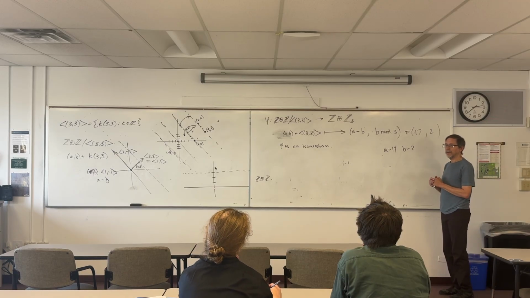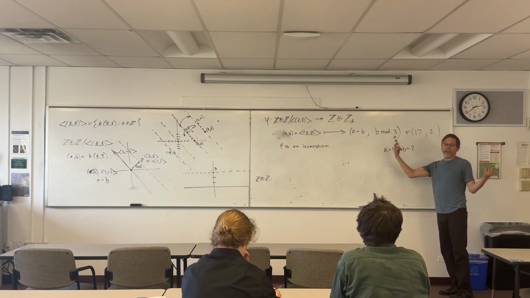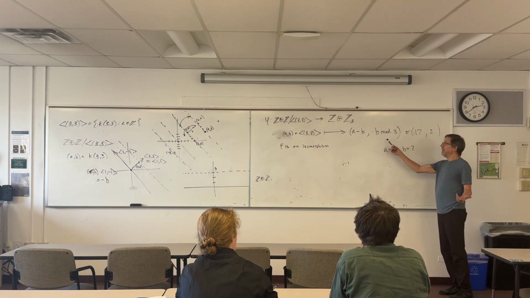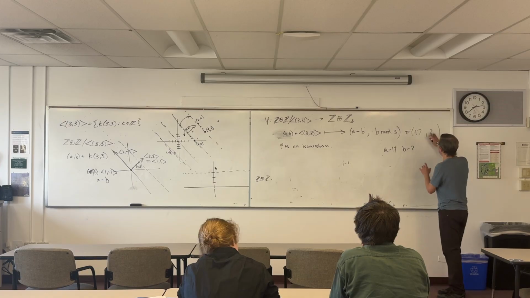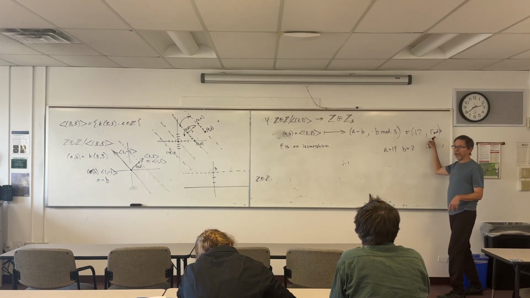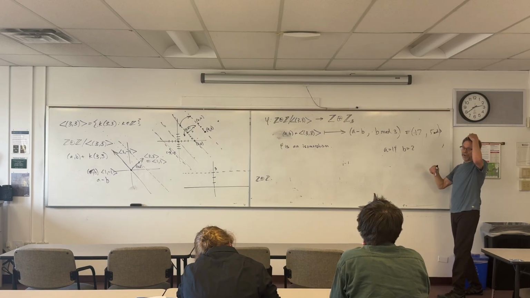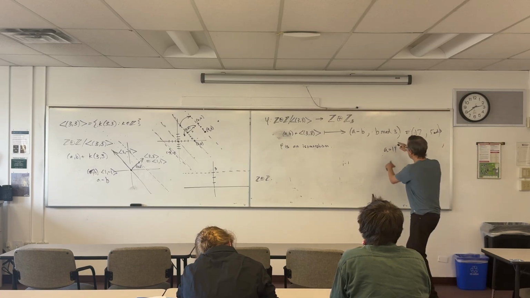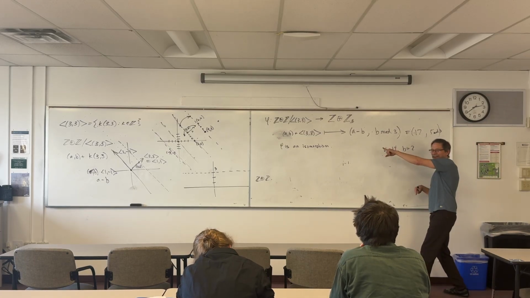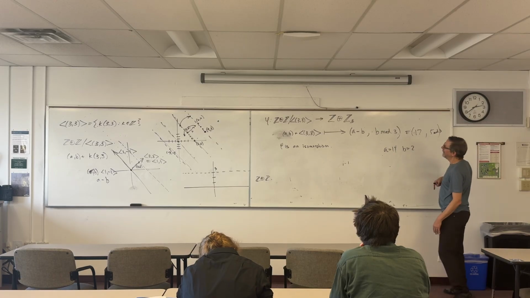I don't have to choose something less than 3. B could be any number, Sophie, because this is equivalent. I could have said 5 here, but I have to remember that it's actually mod 3. Does that make sense? Yeah. And then I could have adjusted A accordingly.